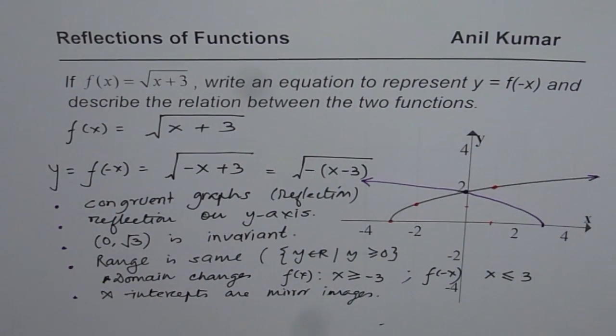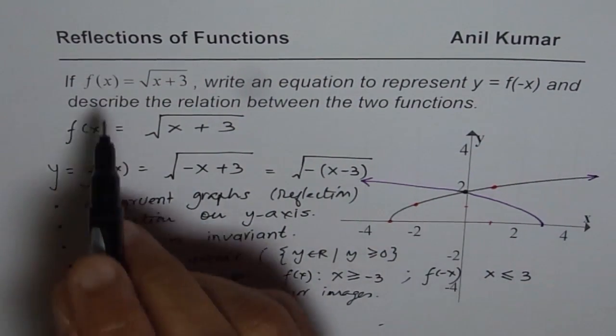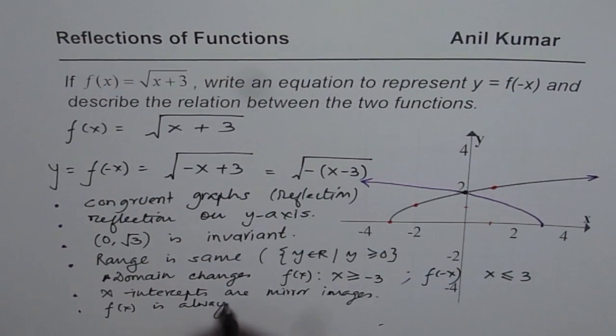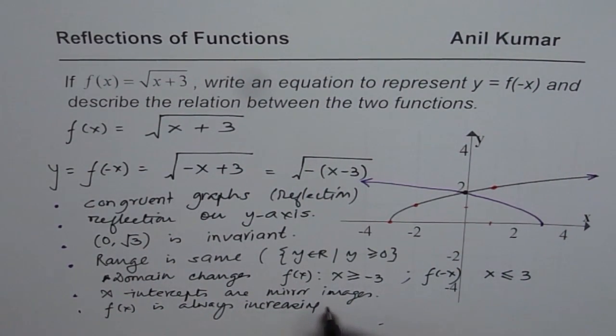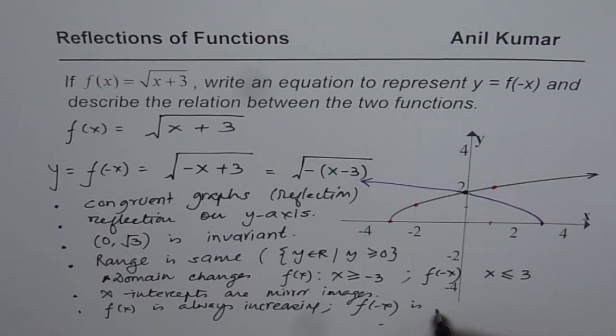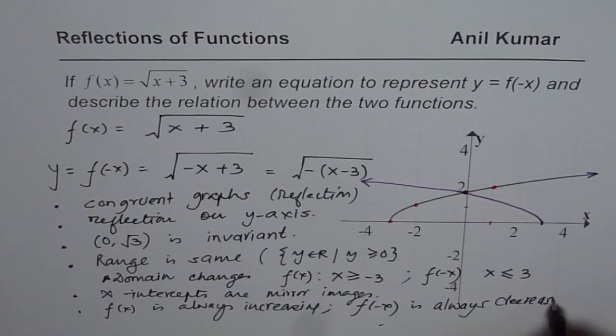And what you also observe is that the first graph, which is f(x), is always increasing. However, f(minus x) is always decreasing in its domain, of course, correct?